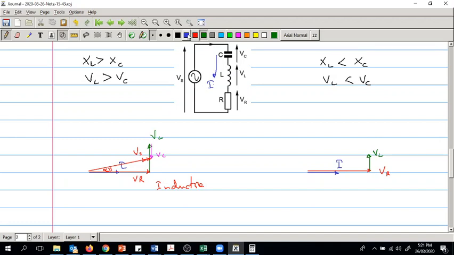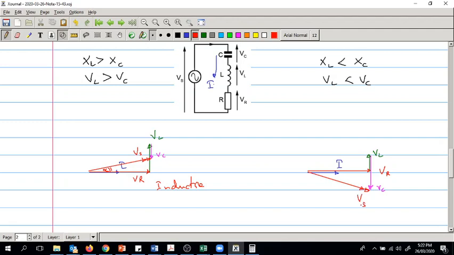The third parameter is the capacitor voltage, VC. Now it says VC is larger. So VC is larger, VC. Now our resultant is, oops, this, right?